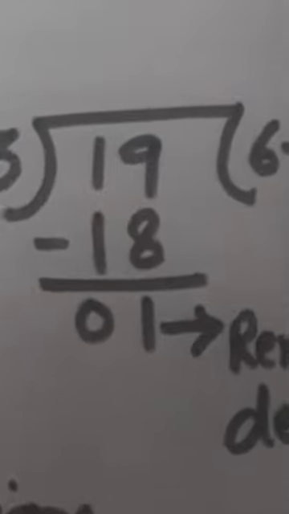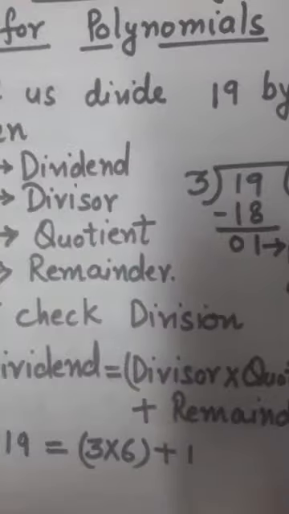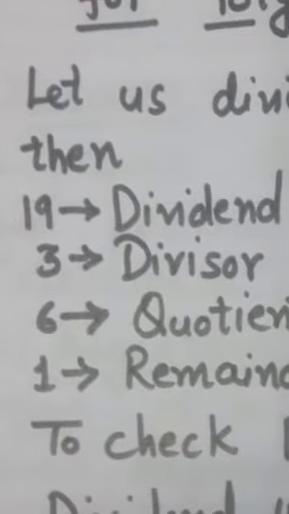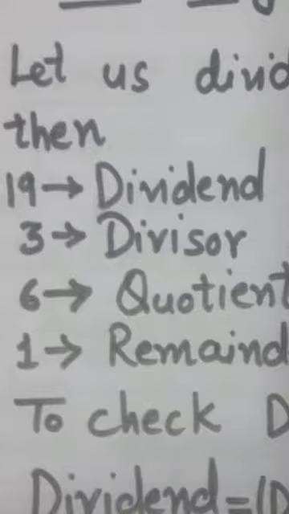If we subtract 18 from 19, we get 1, which we call the remainder. So 19 is the dividend, 3 is the divisor, 6 is the quotient, and 1 is the remainder.